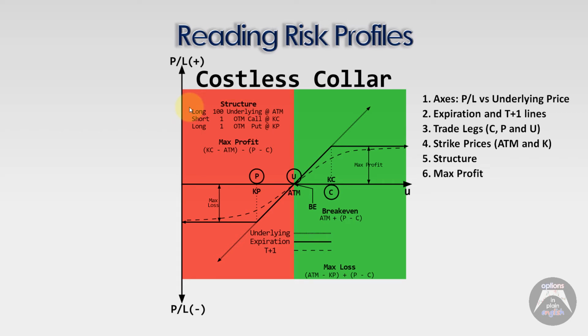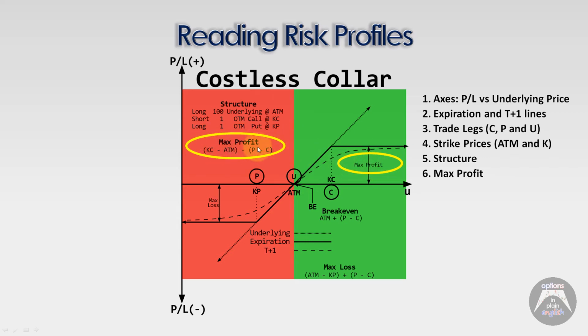Next, we have max profit, self-explanatory. This is the maximum profit that you can get from this strategy, and we show it here on the actual graph, and we also show the formula for it.